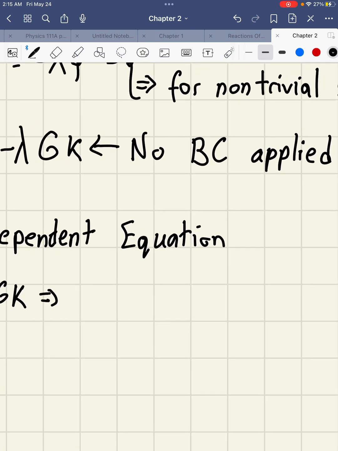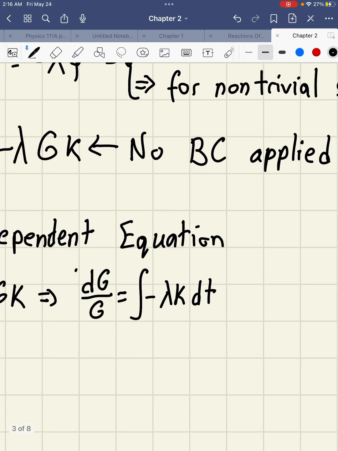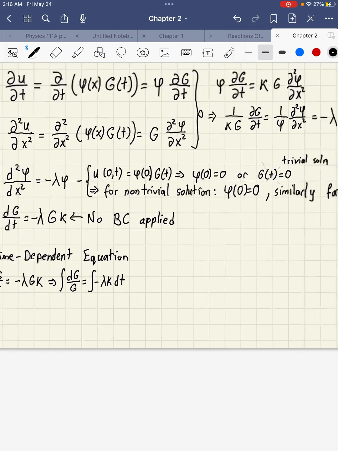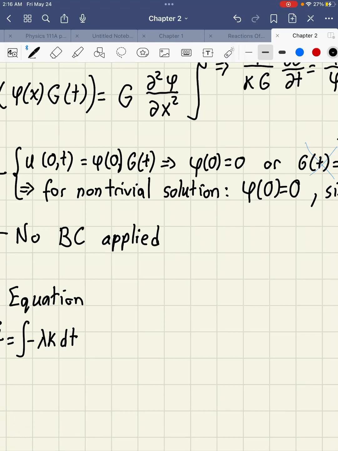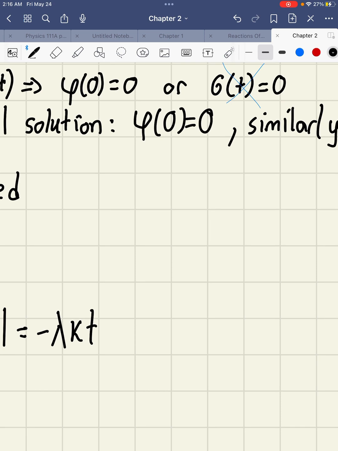So now I have dg over g equal to negative lambda k dt, and I can integrate both sides, and I'm left with natural log of absolute value of g equal to negative lambda kt plus arbitrary constant d.